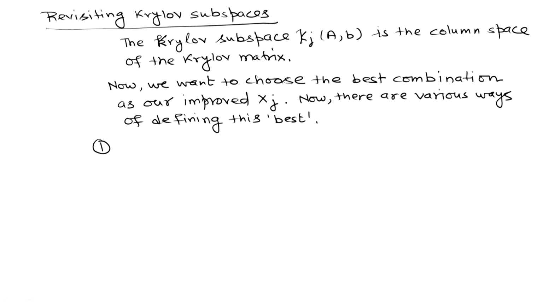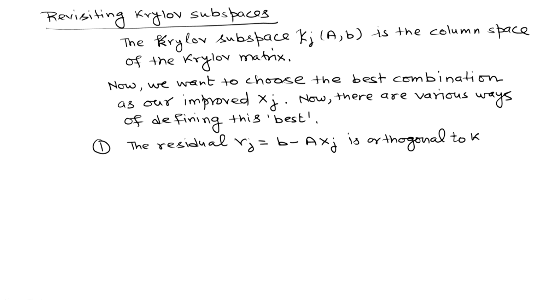So, the first way is the residual r_j, which is nothing but b minus A x_j. Choose x_j from the Krylov subspace K_j(A, b) in such a way that the residual r_j is orthogonal to K_j(A, b), meaning r_j is orthogonal to all vectors from this Krylov subspace.